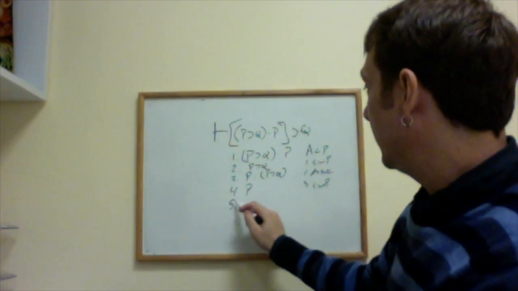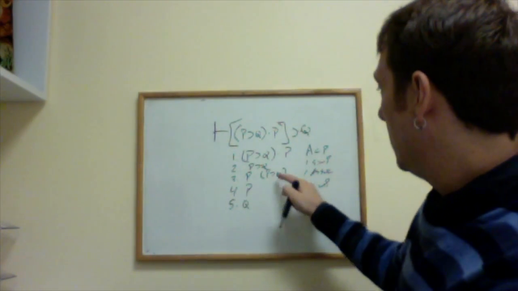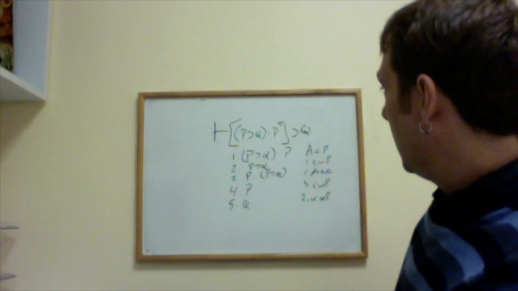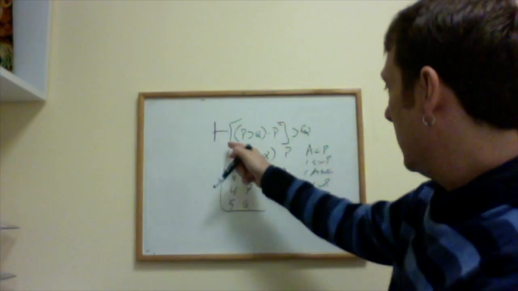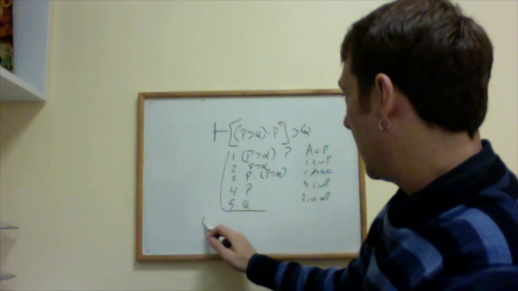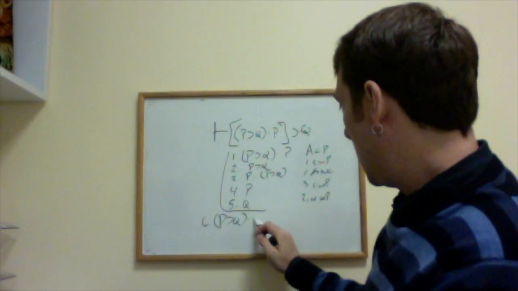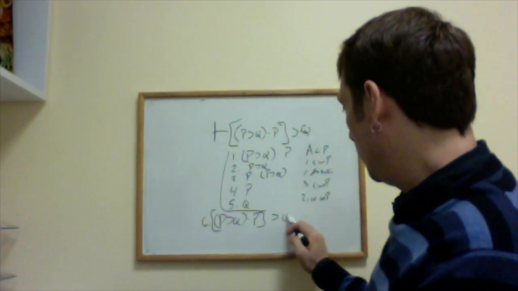Now we can finish this up. We have P horseshoe Q, we have P, so we can write down Q, and we can say that because 2 and 4 are modus ponens. And so now we've shown if you're assuming this, then you get to Q, and so we can come out here and write line 6, that's P horseshoe Q dot P does in fact horseshoe Q.